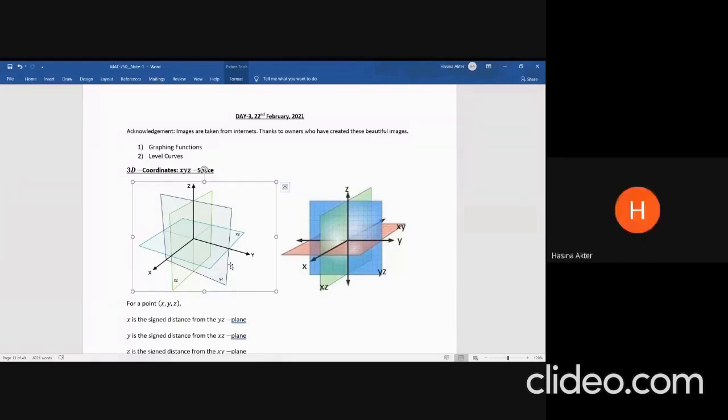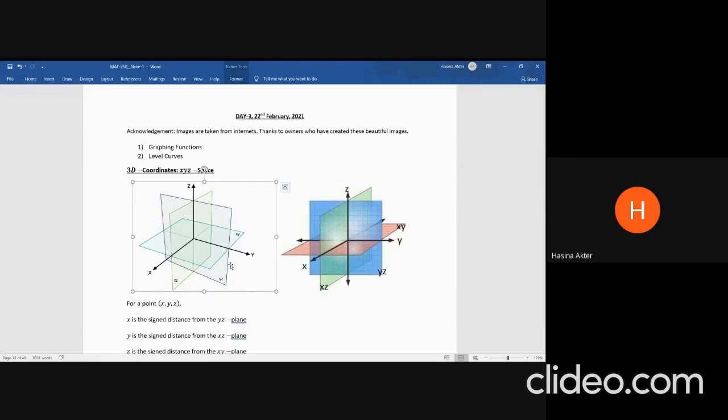Those 8 sectors, those 8 corners are called octants. So there are 8 octants. The octants are rooms that are created when 3 planes intersect each other perpendicularly. Then they create 8 rooms, 4 rooms above the XY plane, which is the horizontal plane, and the other 4 rooms below the XY plane.